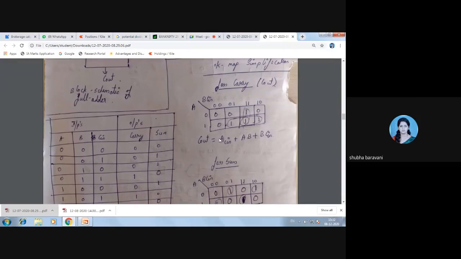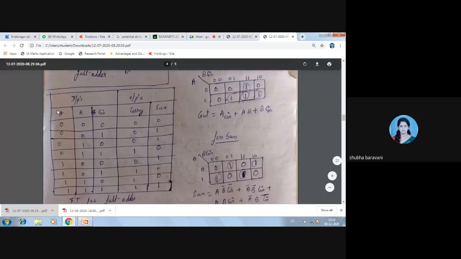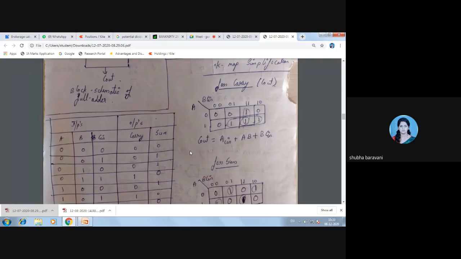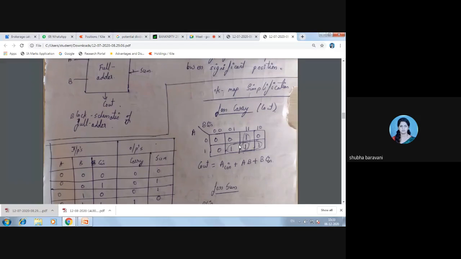See, the truth table is clear, everyone. Truth table is fine. Yes, ma'am. Understood the truth table. Then is there any problem in understanding the K map? No, ma'am. K map is also understood, ma'am.